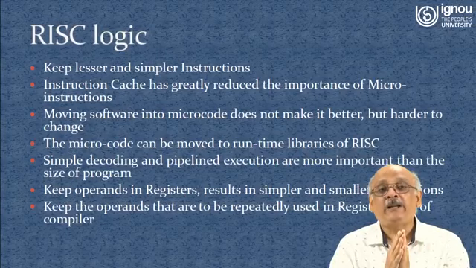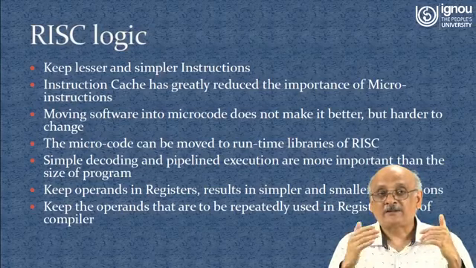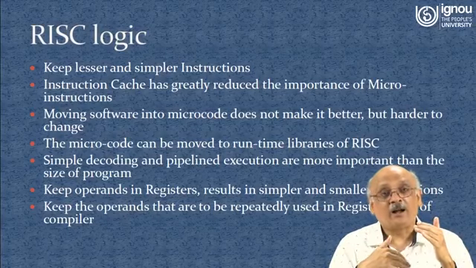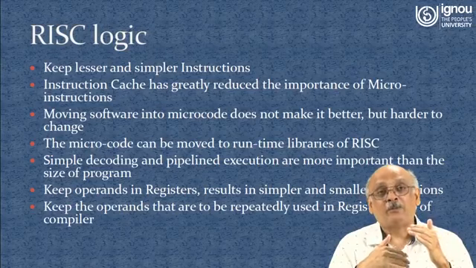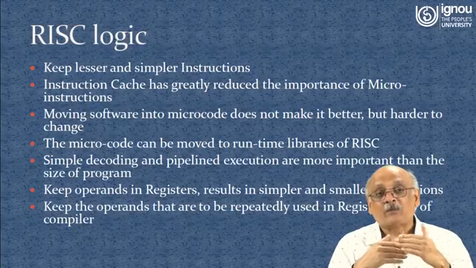Then simple decoding and pipelined execution are more important than the size of the program, right? Just like I indicated, the size of the RISC program as far as the number of instructions is concerned is going to be larger, but the overall size may be smaller. But what is being stated over here is simple decoding and pipelined execution.